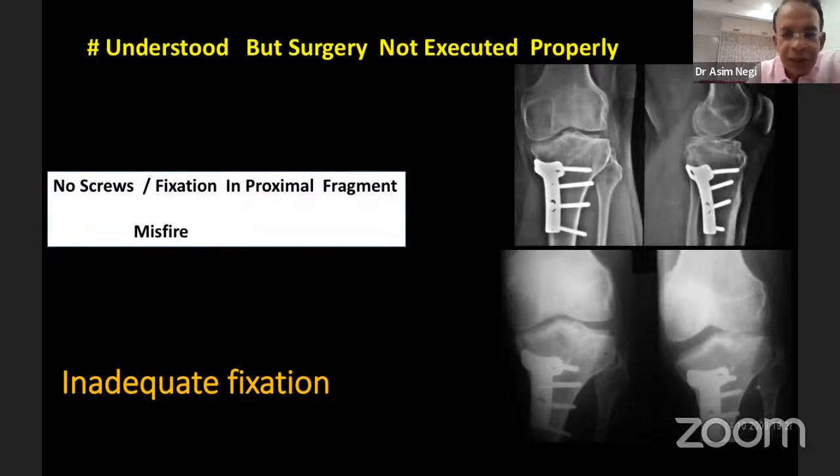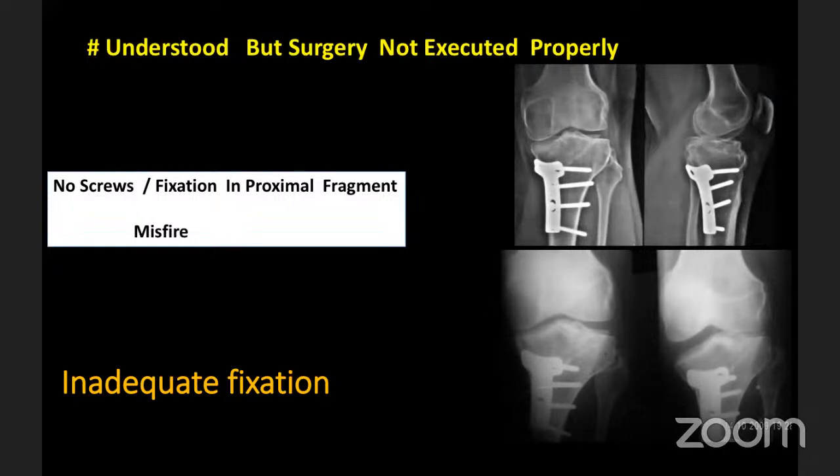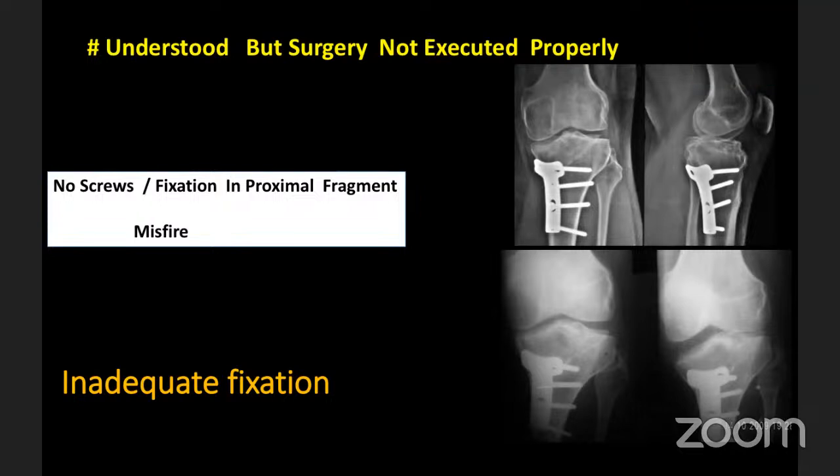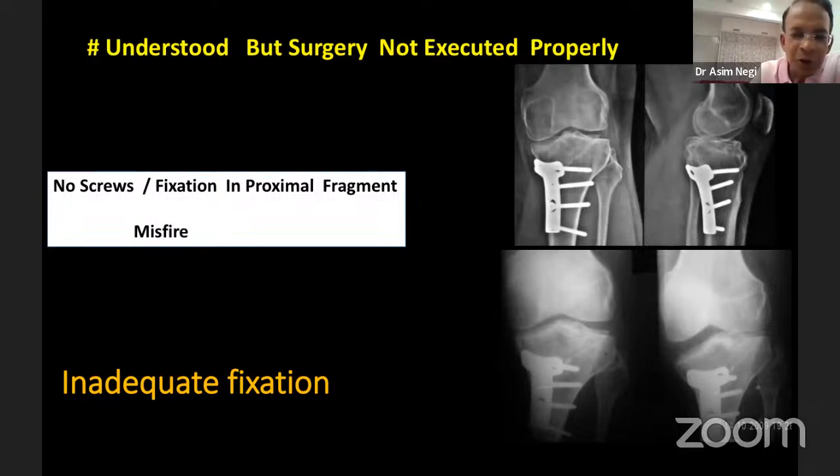Even what Jignesh is pointing out is an anti-glide plate while fixing the lateral malleolus in a trimalleolar component. Yes, sir. Even 25-30 years back, we used to put an anti-glide plate and fix the distal fragment also, and that is the norm nowadays. Agreed. There is an impression that if you are putting an anti-glide plate, you don't have to put screws in the other fragment.